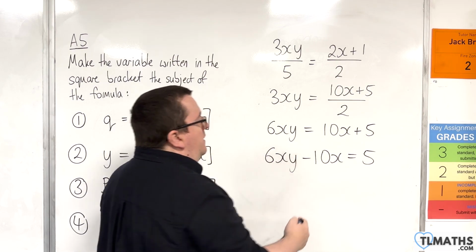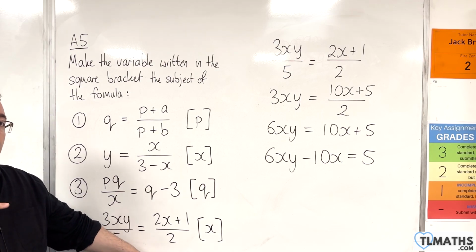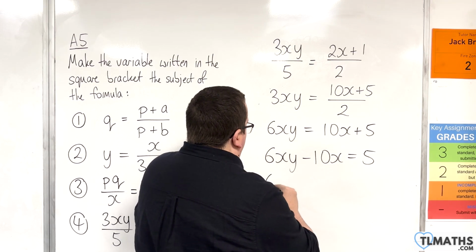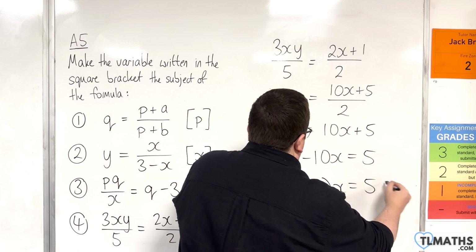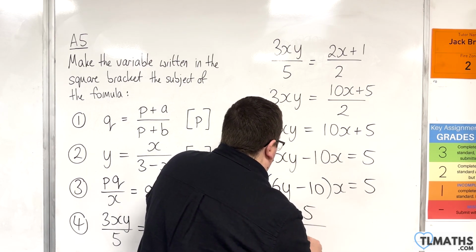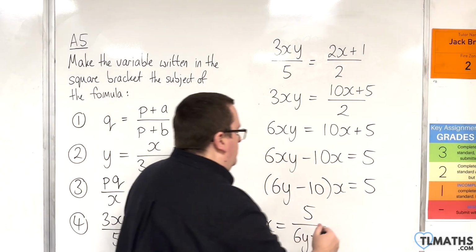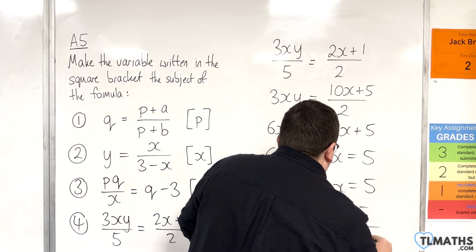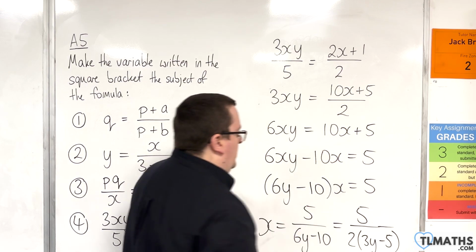Now, 6 and 10 have a common factor of 2, so you could factor 2 out as well here. I'm not going to bother doing that. I'm just going to factor the x out. And then I could divide through by the bracket. Okay, now if you had factored the 2 out, you could do it now if you wished. And you would have that.